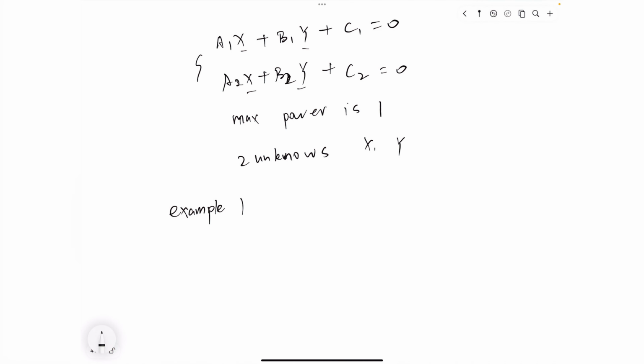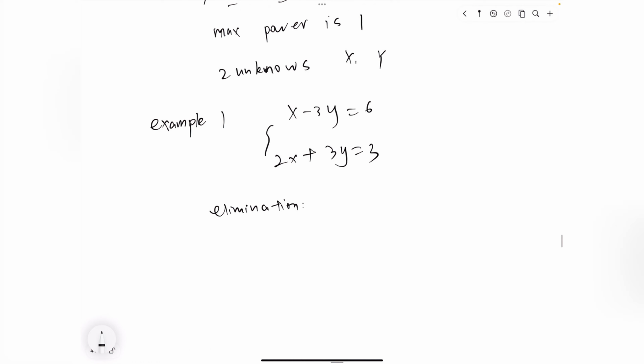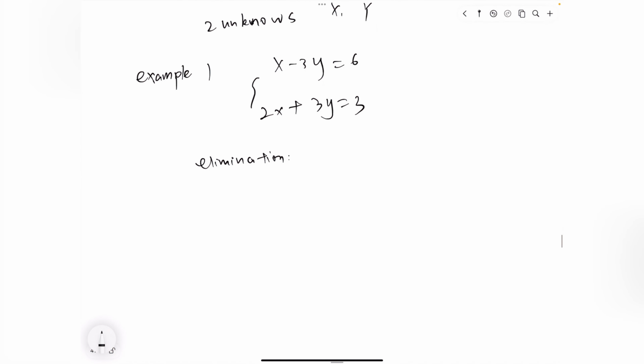Example 1 is when you solve this. If we have x minus 3y equals 6, 2x plus 3y equals 3, and we solve by using elimination, let's first eliminate x first.